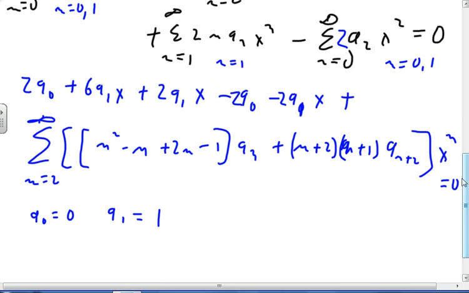Okay. So a0 is 0. It goes away. a1 is 1. And a1 being 1 doesn't matter because that's an initial condition. So a1 is going to be 1.